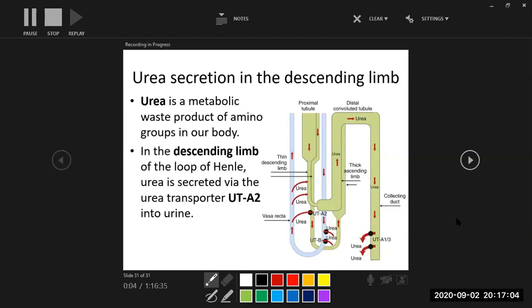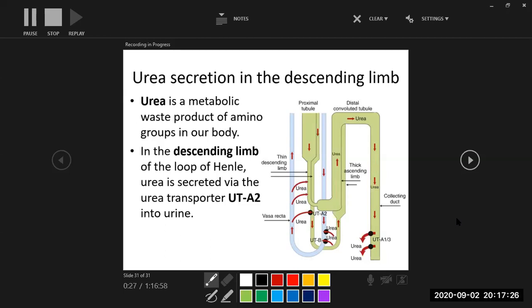We also, in addition to all this, in the descending limb, purposely secrete urea. So all the time we talk about reabsorption. Here, one thing that is unique is secretion. We do secrete hydrogen in exchange for bicarbonate.